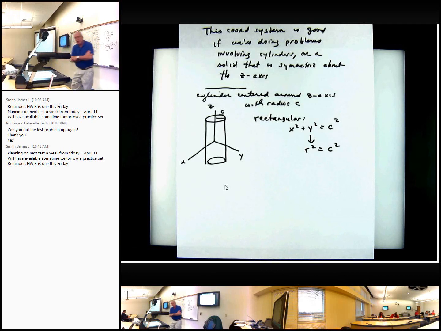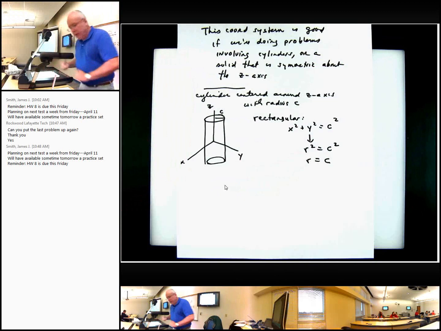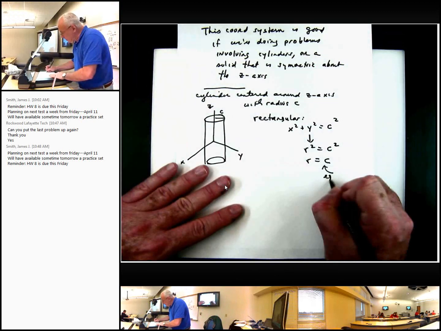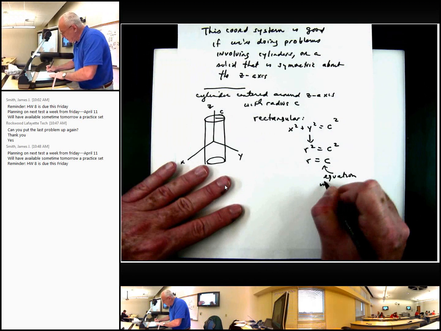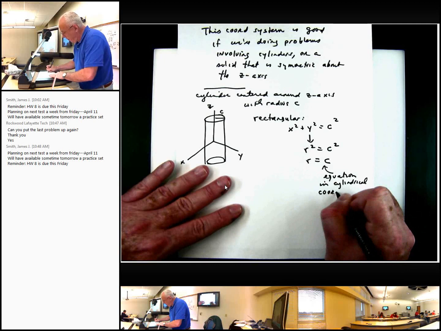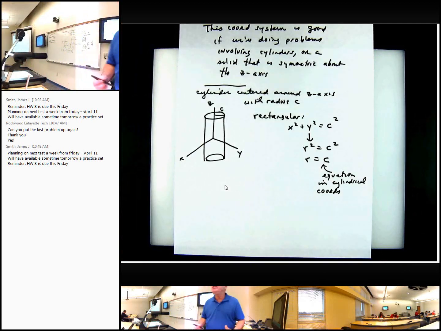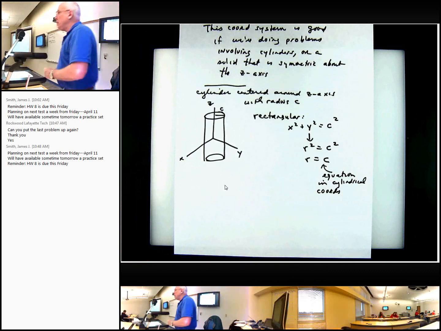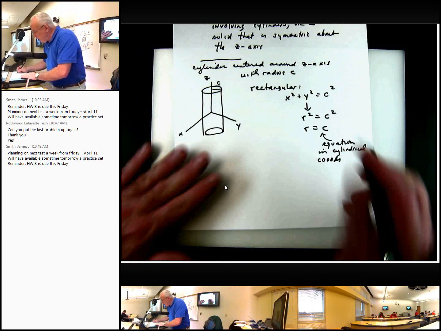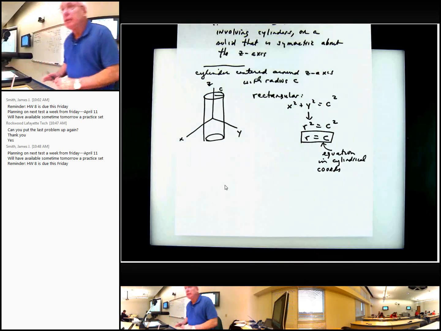And then if I take the square root of both sides, we can represent it as r equals c. So this is its equation in cylindrical coordinates. So it's any point that has a distance of c from the z-axis. So it just goes all the way up and down. And because it's so simple like this, for a cylinder, that's why these are called cylindrical coordinates.